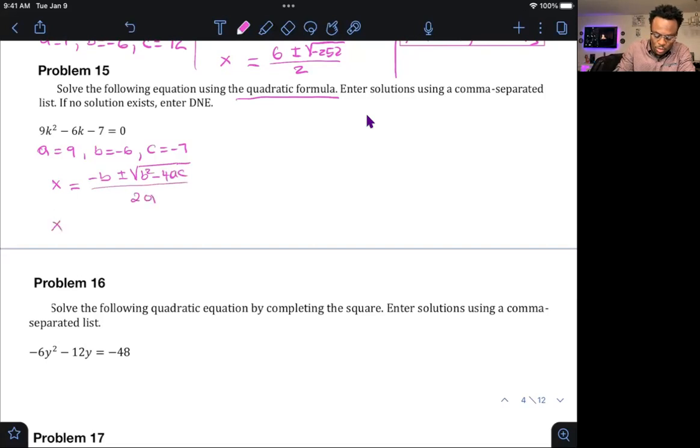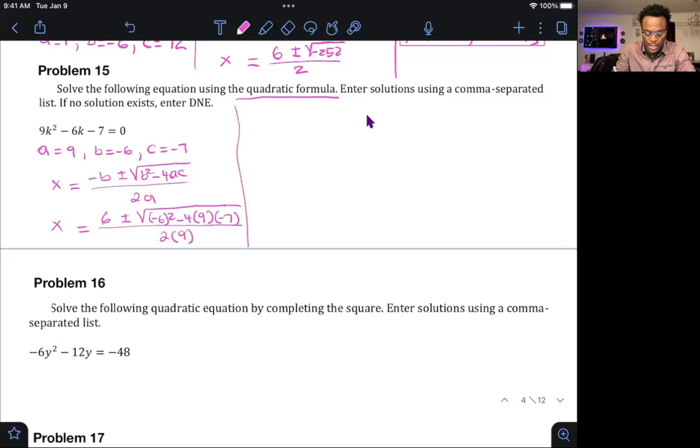We replace the values. So x equals, b equals -6, so negative b is +6 plus or minus the square root of -6 squared minus 4 times a, which is 9, times c, which is -7, over 2 times the value of a, that is 9.